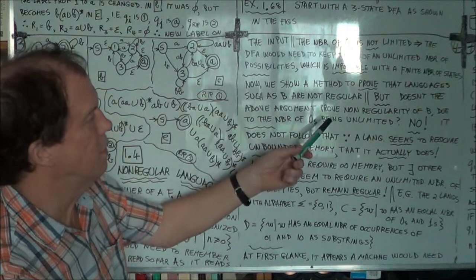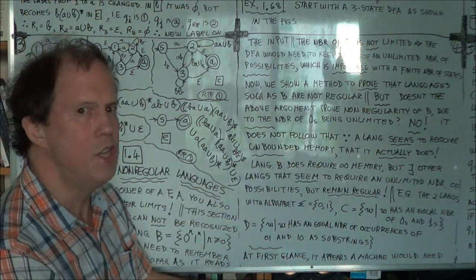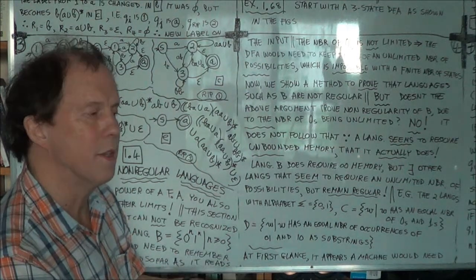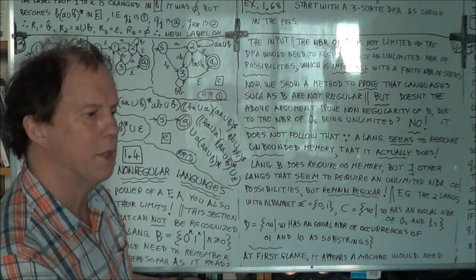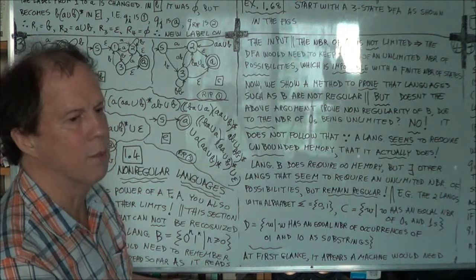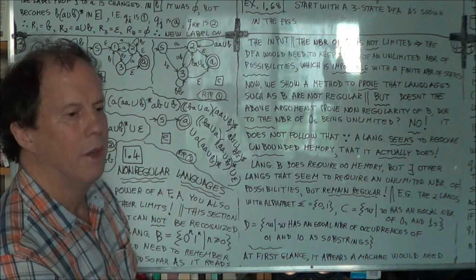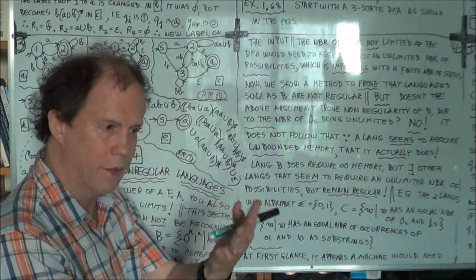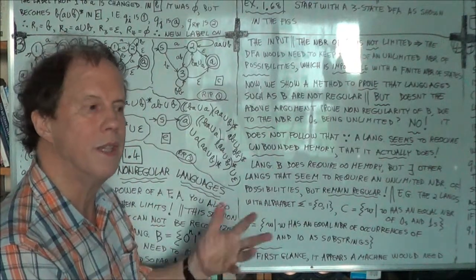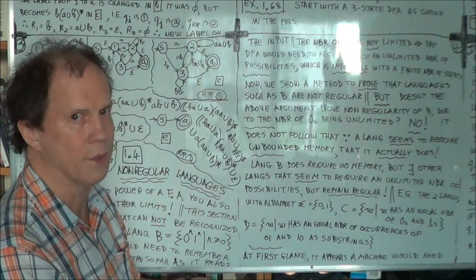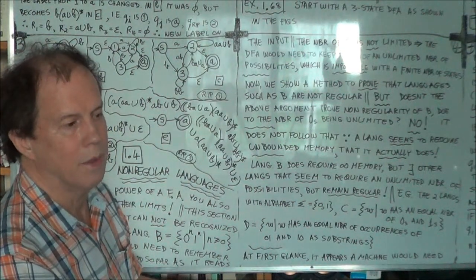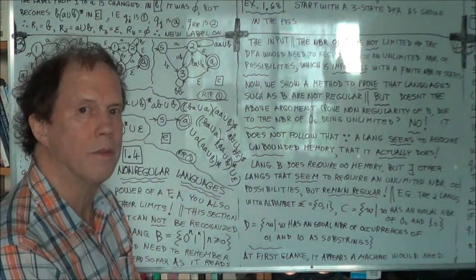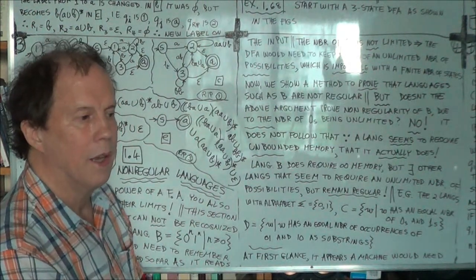Well, because things get a bit complicated. Your intuition, common sense in a sense, might look at a particular language and say, oh, that's obviously non-regular because by appearance it looks as though it needs infinite memory, infinite resources, and therefore no finite automaton could possibly recognize it.